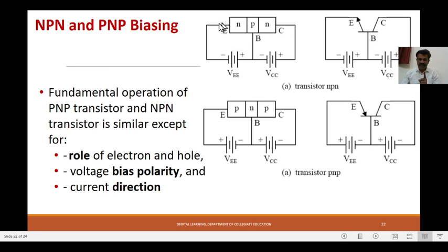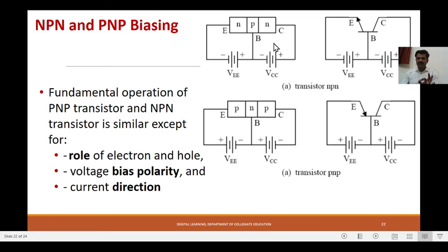This is also very, very important. Here the N region has been connected to N, P has been connected to P. That means this is under forward bias. The positive of a battery is connected to the negative region, and the negative of a battery is connected to the positive region of the transistor.